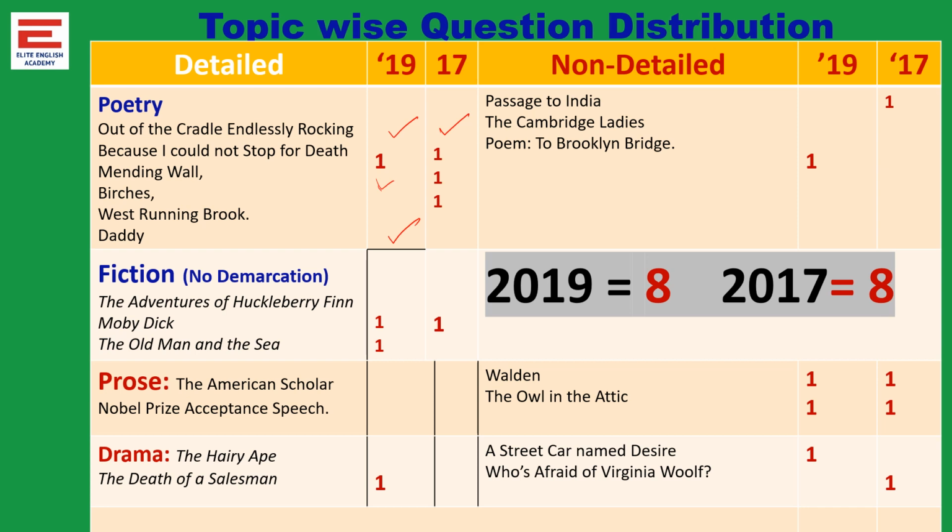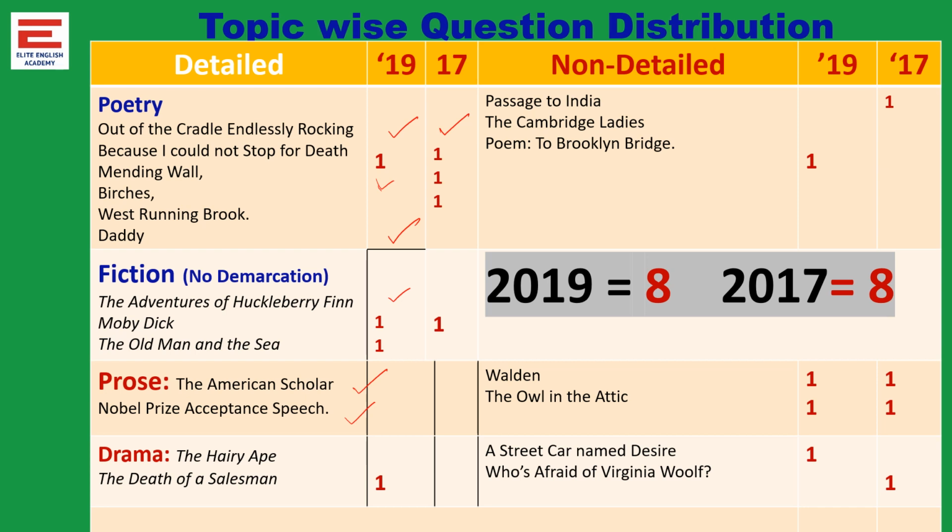Like that, in The Cambridge Ladies, there is no representation, so better you concentrate on this also. Regarding fiction, there is no question from The Adventures of Huckleberry Finn. Better you concentrate on it. Then in prose, from these two, The American Scholar and the Nobel Prize Acceptance Speech, there is no question so far. So better you concentrate on it.